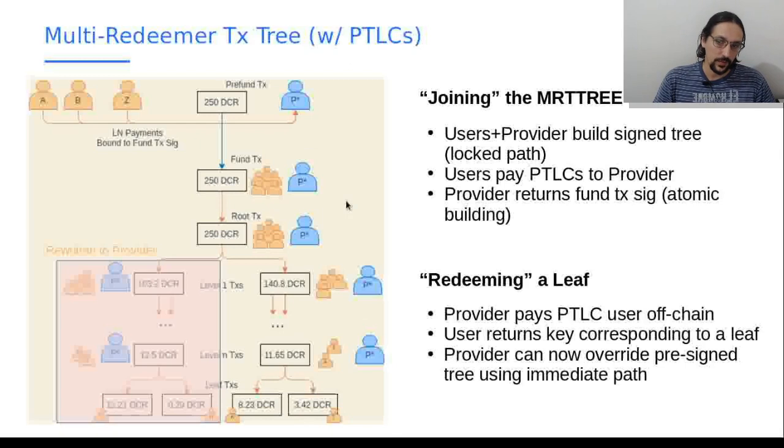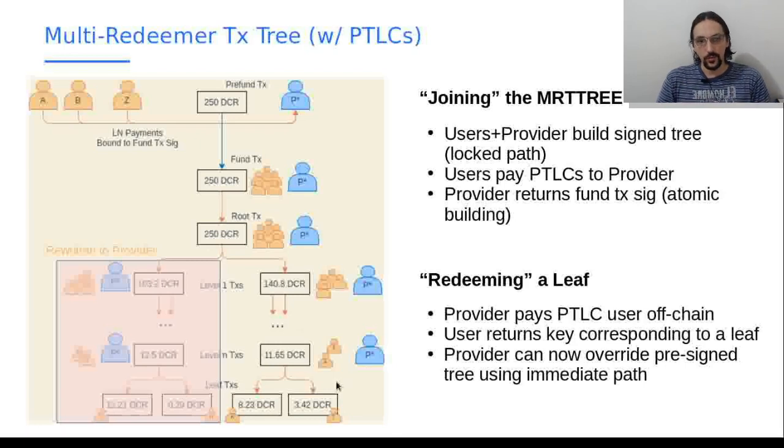And if one or many users don't redeem their funds in the off-chain Lightning Network, the provider can still redeem back the partial funds that the other users have redeemed.